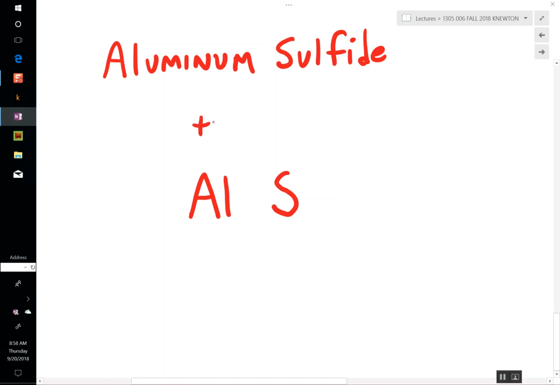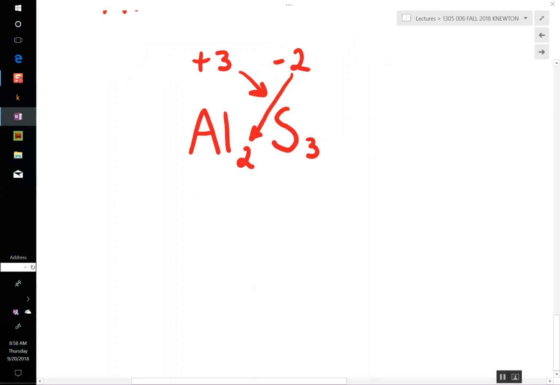So we got a +3 ion forming a compound with a -2 ion. It has to be neutral. We can transfer the 2 right there and transfer the 3 down there. We get Al2S3. Now let's take a look at this. This has got a +3 charge, and there's 2 of them, +6.